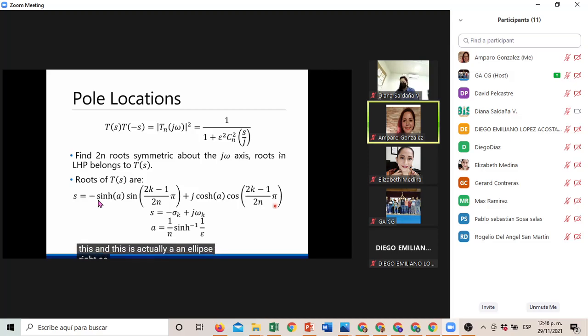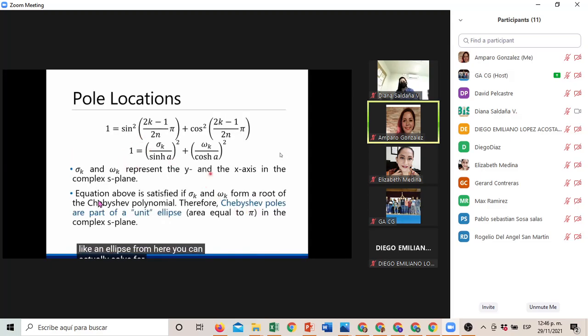Okay, so how does this look like an ellipse? From here, you can actually solve for an equation. If sigma k and omega k represent the y and the x-axis in the complex plane, we isolate them and we get this equation rather, which defines an ellipse in our complex plane.